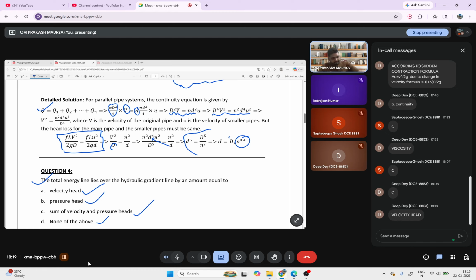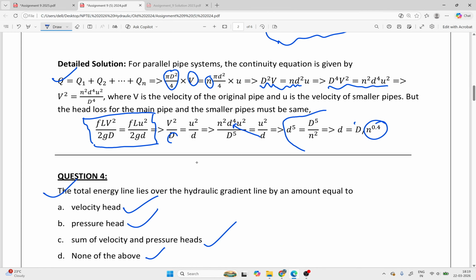Okay, so just let me explain. Let us assume you have one pipe like that, and water is flowing from this direction to here.